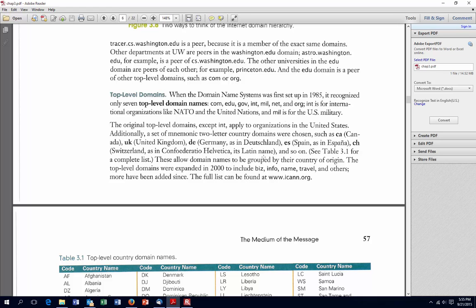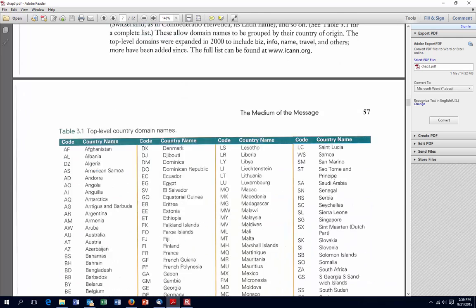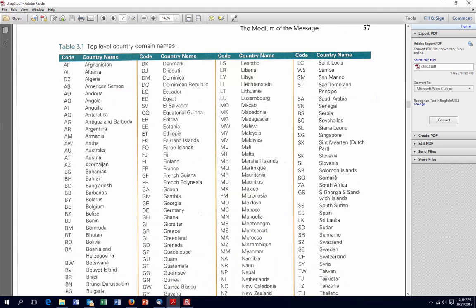What they did was take the mnemonic 2-letter extension and add that to the domain for the rest of the world. And they have here the whole chart, so you can figure out which things are which. Good examples are UK for the United Kingdom, RU for Russia, CA for Canada, and so on.